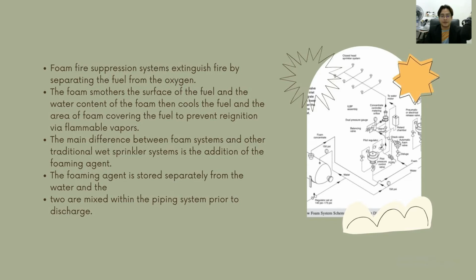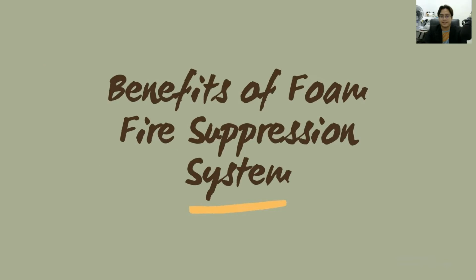The main difference between foam system and other traditional wet sprinkler system is the addition of the foam agent. The foaming agent is stored separately from the water, and the two are mixed within the piping system prior to the discharge.